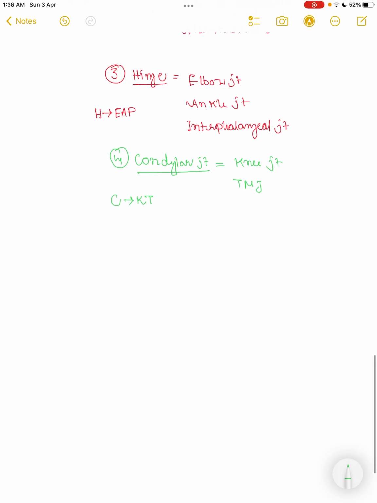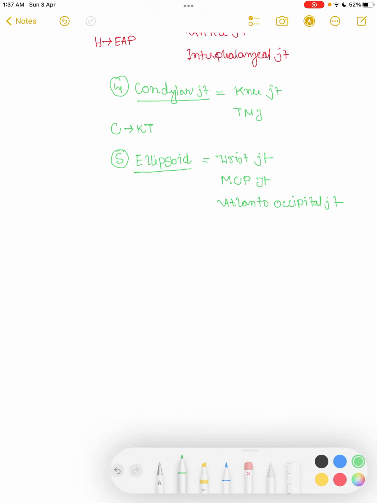Fifth is the ellipsoid joint, and here the remaining ones like wrist joint, metacarpophalangeal joint, and atlanto-occipital joint. Okay.